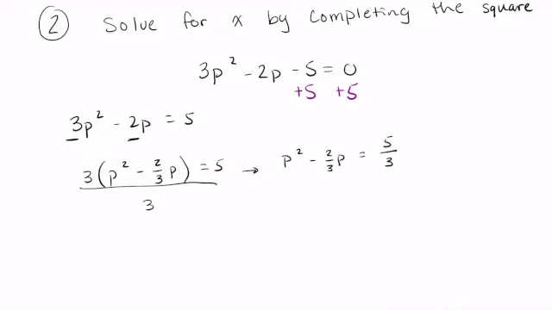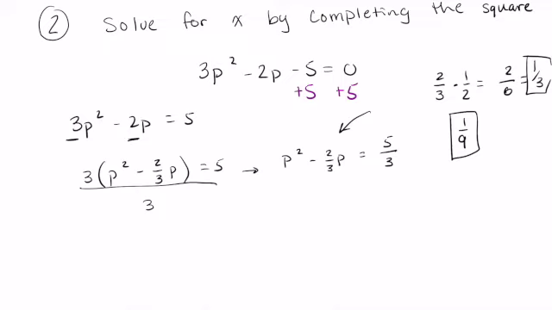At this point, I want to take half of my b value. So 2/3, I'm taking half of that, is going to give me 2/6 or 1/3. And I want to square my b value, that half, and that's going to give me 1/9.